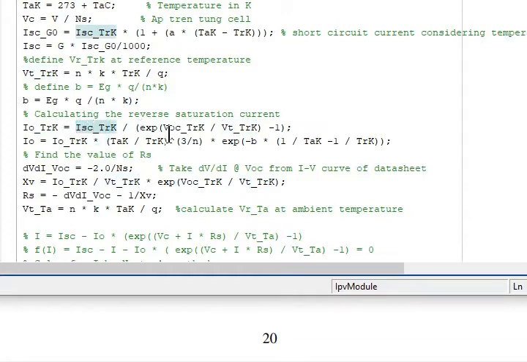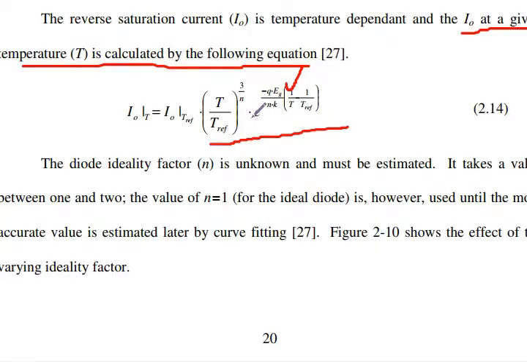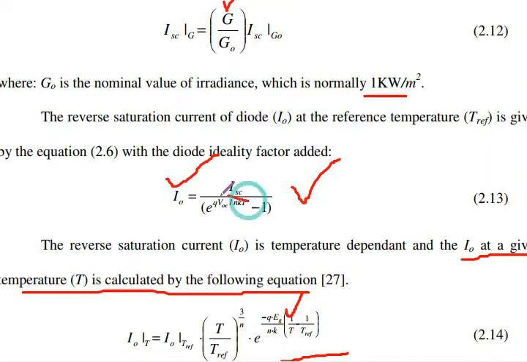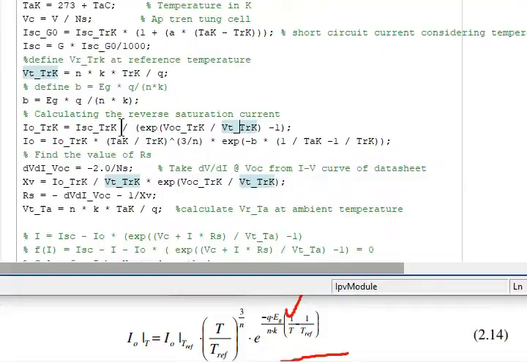This is calculated always as n k T over q. This is a variable calculated here, and this is the power of this exponential. So I photon divided by e raised to this one minus 1 is calculated there.